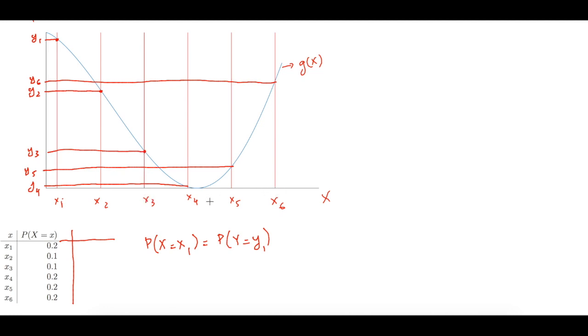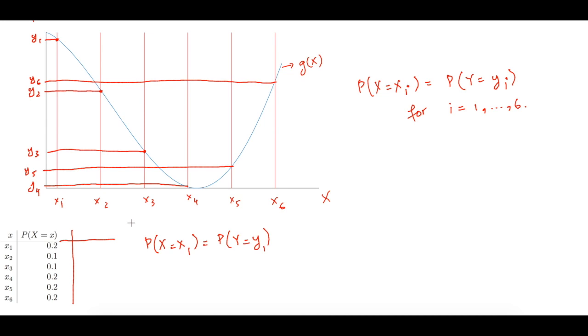So we can just say that the probability of x is equal to xi is equal to the probability of y is equal to yi for i equal to 1 to 6. This is one case in which we just find the PMF of y by simple mapping of g of x and the values at which x is defined.